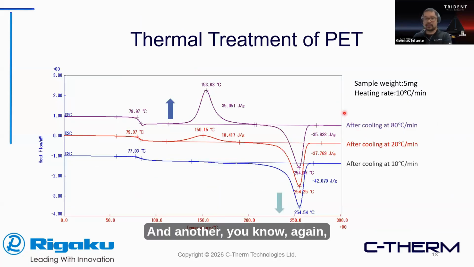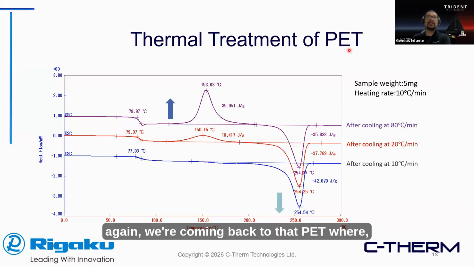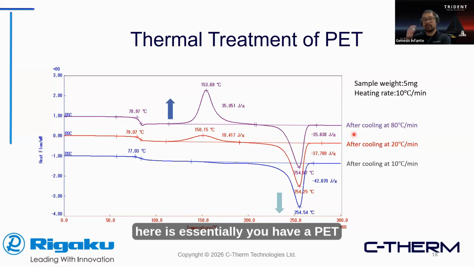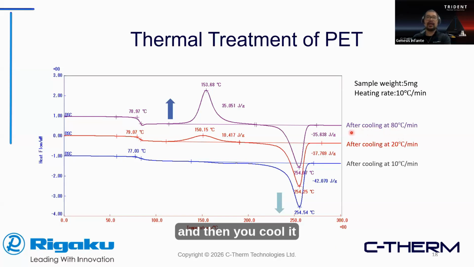And directly related to that semi-crystalline subject for the PET, you can also explore how crystallinity is directly affected by thermal treatment of the plastic. In this case, we're coming back to that PET, where the top curve right here is essentially a PET melted all the way, and then you cool it down very fast, at 80 degrees C per minute.